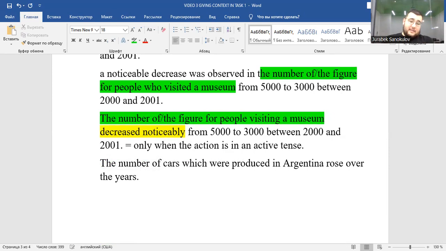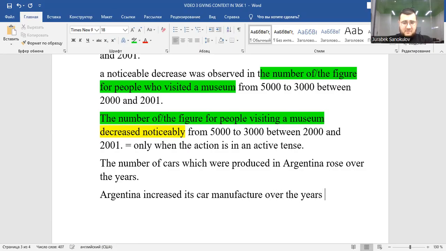And instead of saying this, you can do this: Argentina increased its car manufacture over the years. Or you can describe it even more simply: Argentina produced more and more cars over the years.